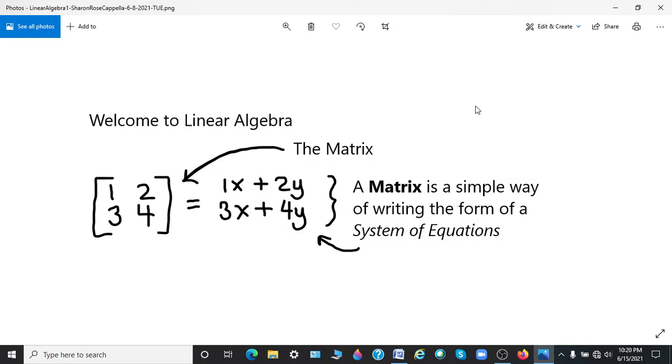But it basically is an advanced math that ties together all forms of mathematics that come before it.